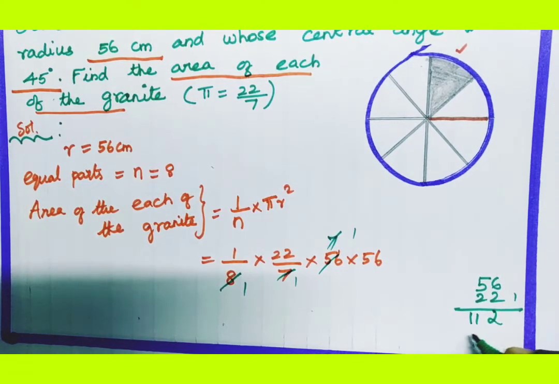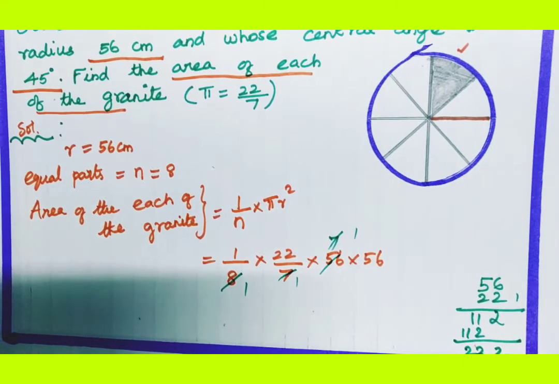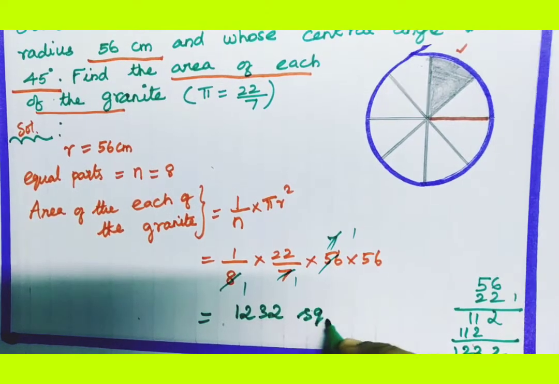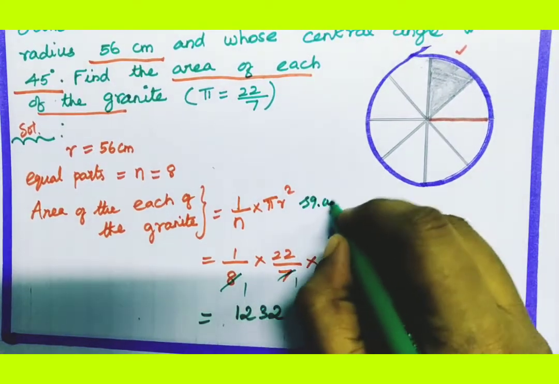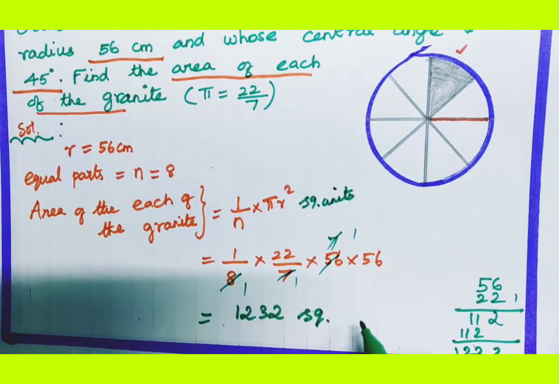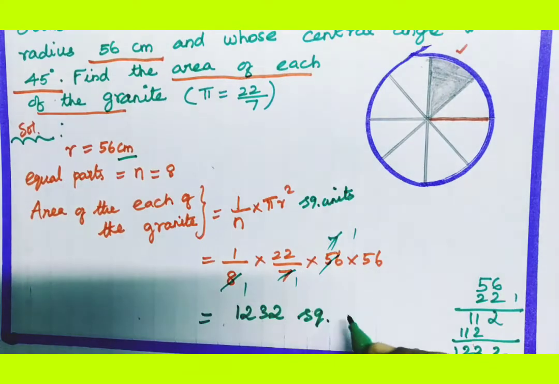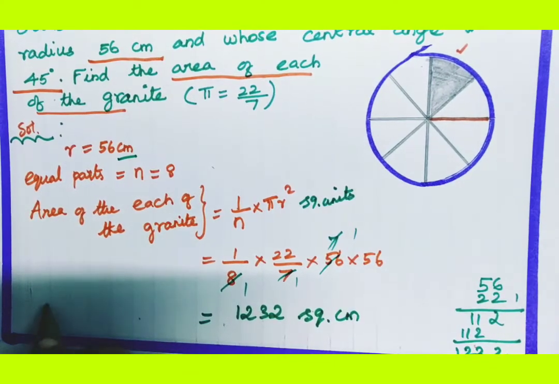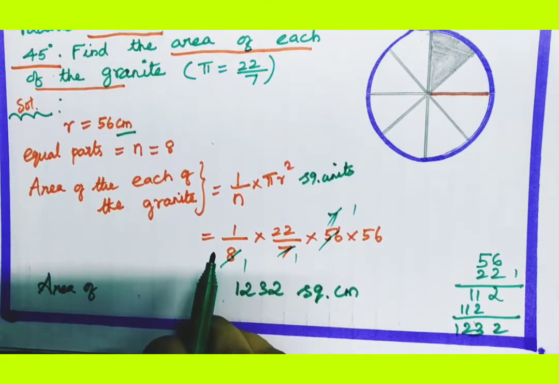So again if you multiply, we will get the same number. 2, 3, 2, 1. So what you will get? 1, 2, 3, 2 square area. Okay. Square units. So the unit is what? Here centimeter.